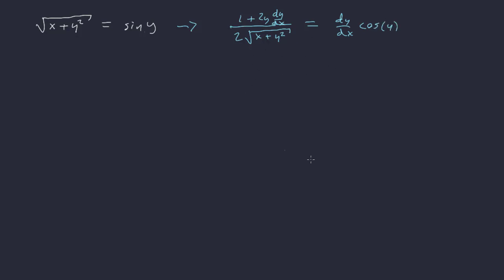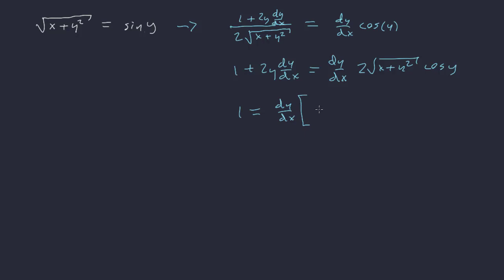Okay, and then we have this wonderful equation to solve. Essentially, I would start by moving this denominator over to get 1 plus 2y dy dx is equal to dy dx times 2 square root of x plus y squared times cosine y. All right, and then I would just move this guy over so that I had 1 is equal to dy over dx.